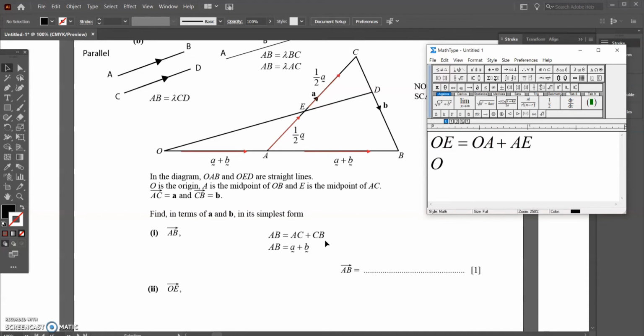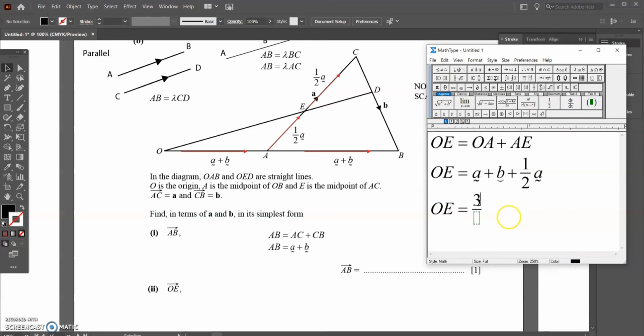So OE equals a plus b plus half a, because this is AE, half a. With that, you will be able to find OE already. OE is basically 3 over 2 a plus b.